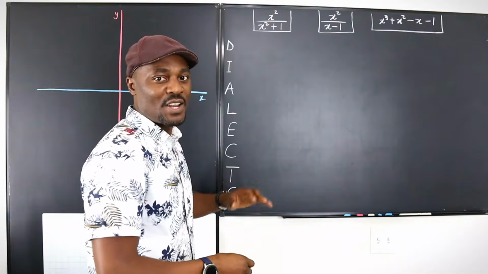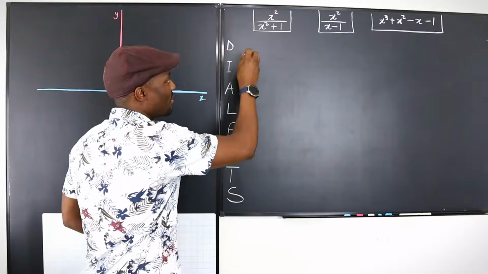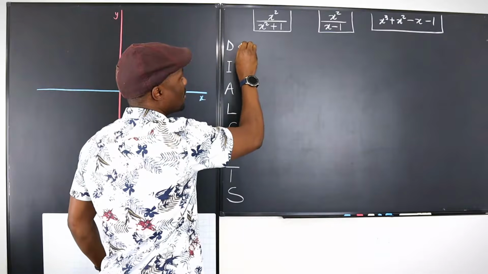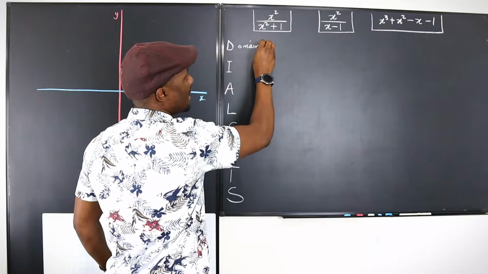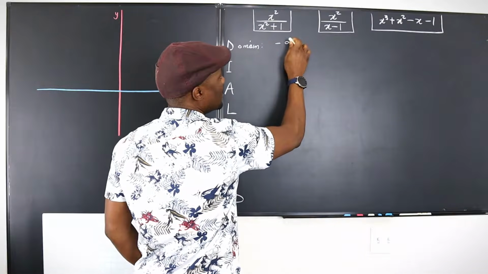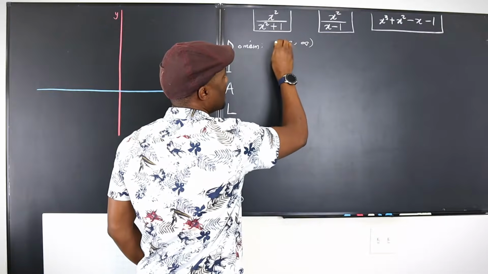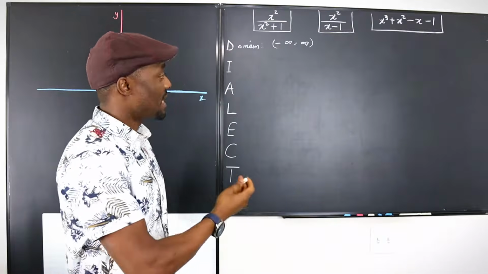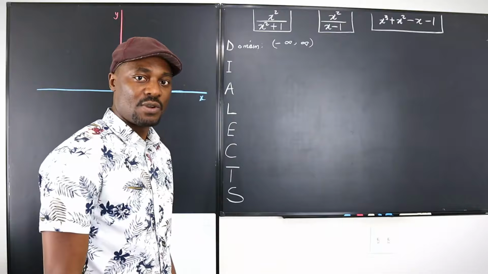So virtually no vertical asymptote, we don't have a problem. So you say domain, in this case, will be all real numbers from negative infinity to positive infinity. That's all you need to show. Everybody can see that. You move on to the next thing you require.